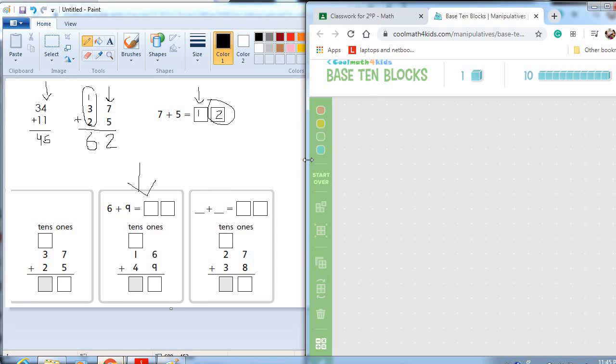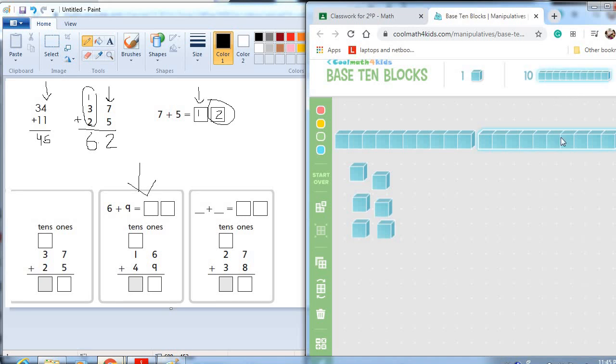All right. So first 16. Primero, 16. So 10, 11, 12, 13, 14, 15, 16. Next, 49.